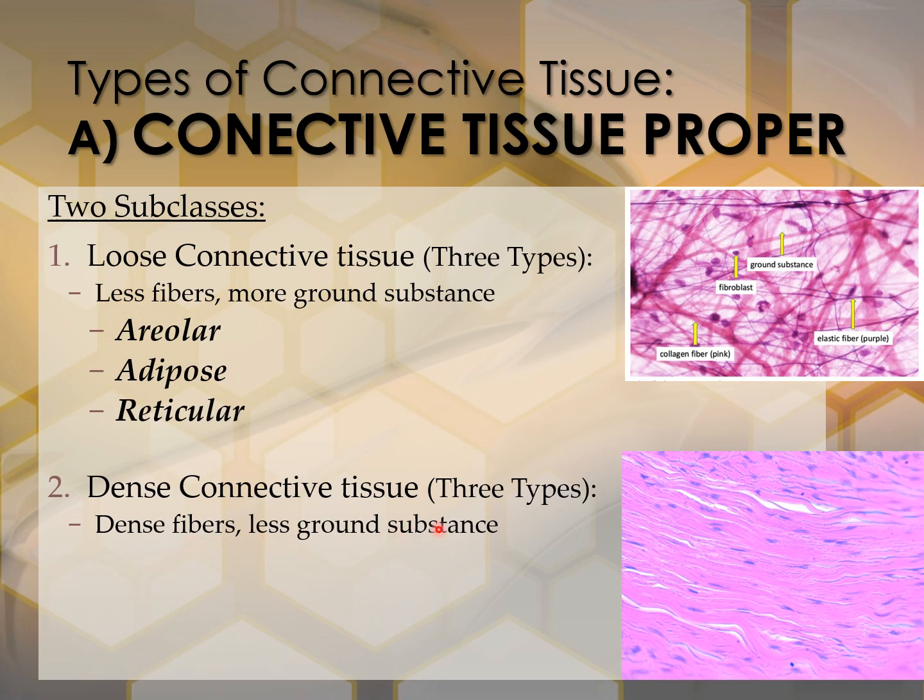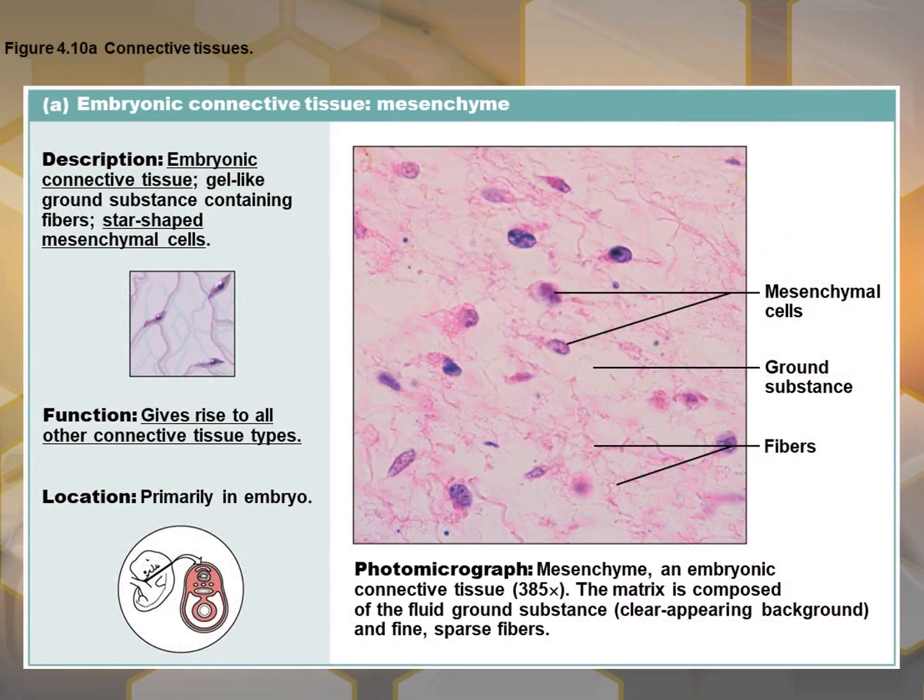Okay, so kind of loose fibers or less fibers in the loose, dense packed fibers in the dense connective tissue. Less ground substance. So we have three of these types as well. So we have dense regular, dense irregular, and elastic connective tissue. Okay, now regular versus irregular has to do with the fibers and whether they're kind of packed in all one direction, which is regular, which is what this picture is, or are those going all over the place and it looks a little bit more like spaghetti? That's irregular. So we'll look at these examples.